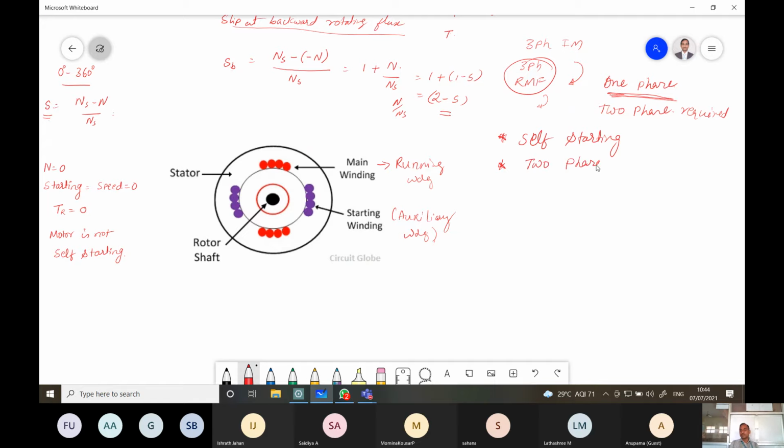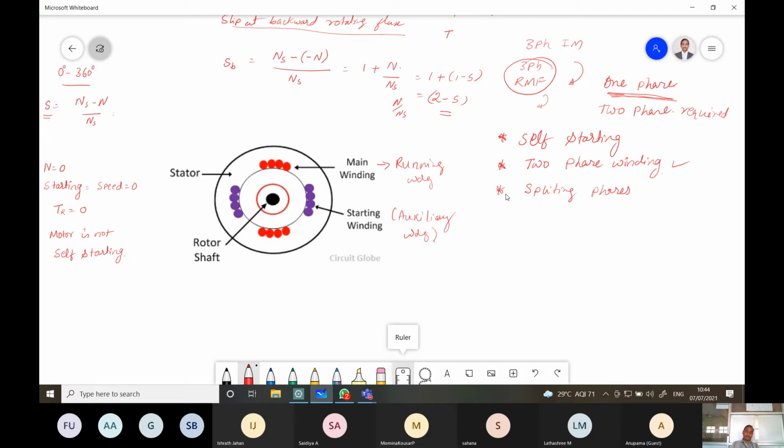How? By splitting the phases of the single phase, so we make it two individual phases temporarily. That is called a two-phase motor.